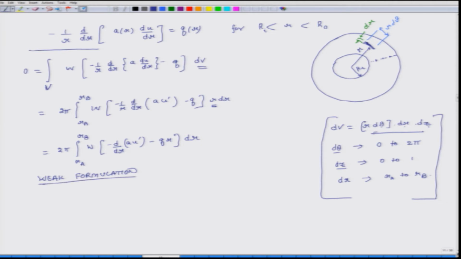So, I shift the differentiability operator from this A u prime to W. Okay.